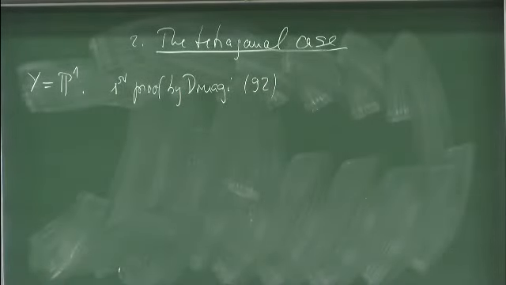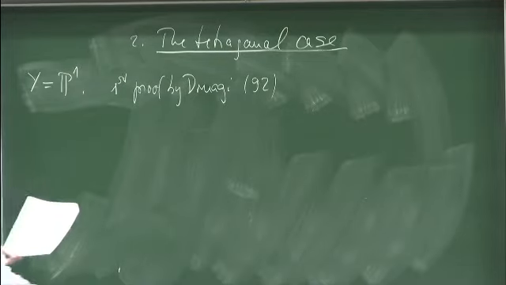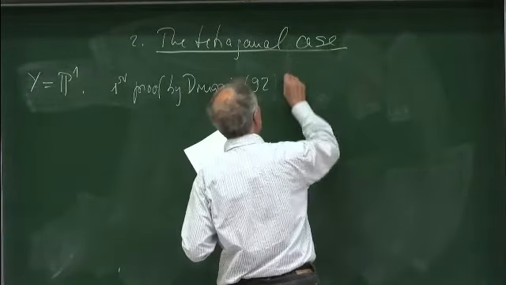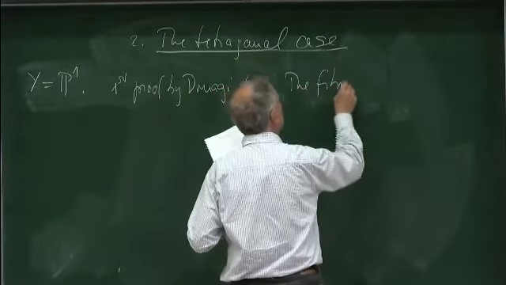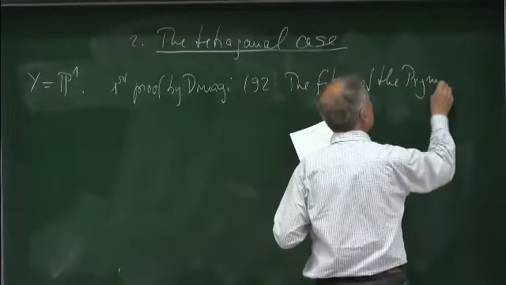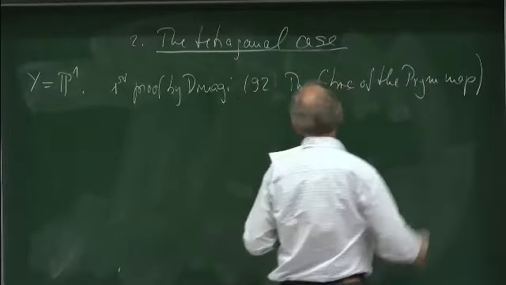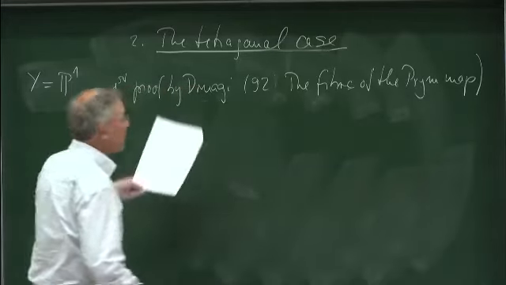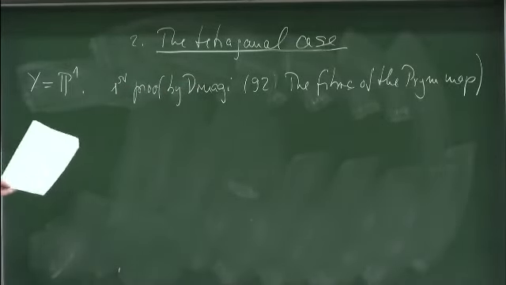And he did, via degeneration. The paper is called The Fibers of the Prym Map. Right, so he did this via degeneration.